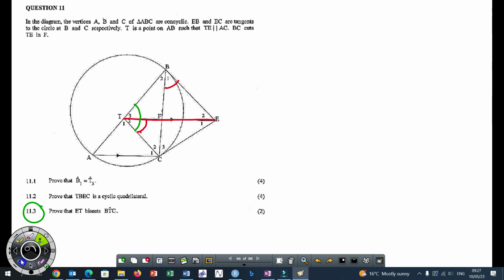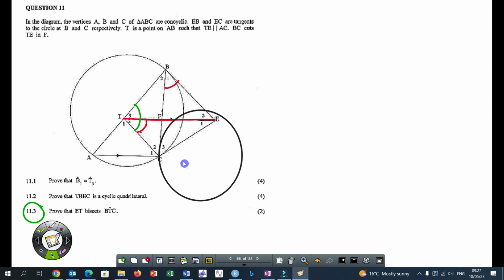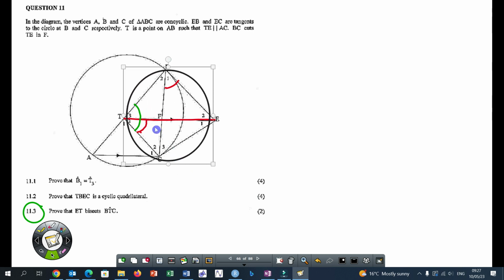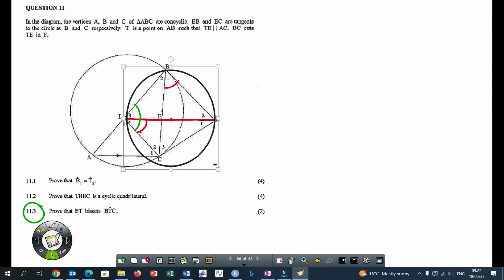I can draw a circle. Let's see if I can put the circle and make sure that it passes through those three. Fortunately, we have got technology. So we have got a scenario like that.